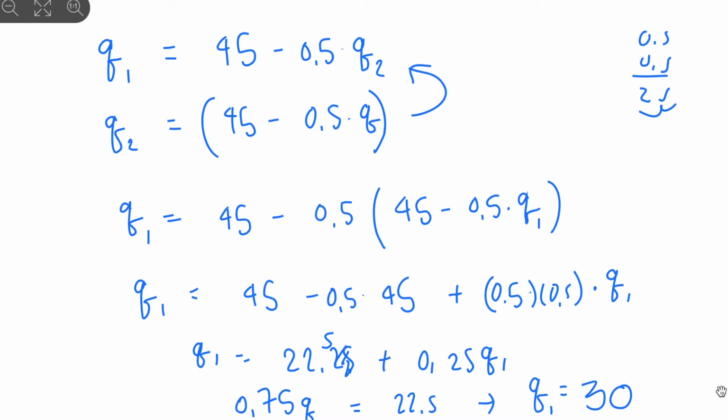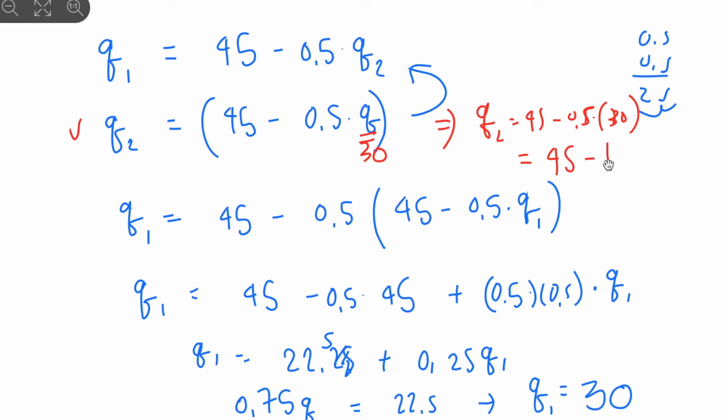What about Q2? Now all we have to do is plug 30 into the Q2 solution, right? So Q2 equals 45 minus 0.5 times 30, and thus we have 45 minus 15 equals 30.